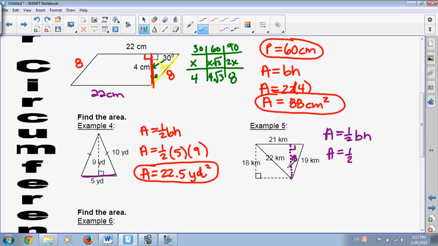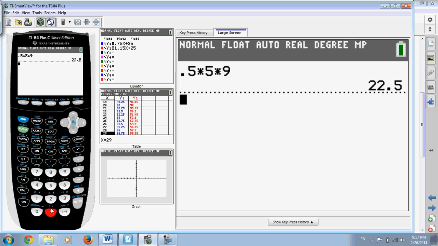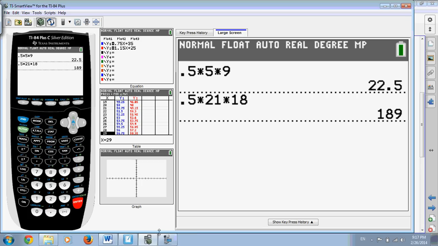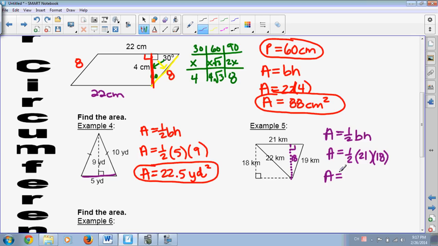That gives us a better understanding of what our height is. 18 is our height, and then our base would have to be 21 because that is the perpendicular line to 18. So if our base is 21 and our height is 18, then we can just go to our calculators. 0.5 times 21 times 18, and we have 189 kilometers squared since it is area.